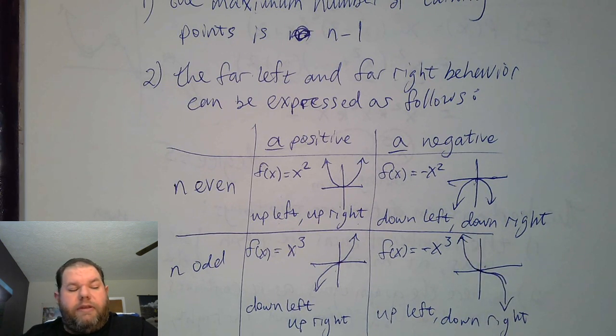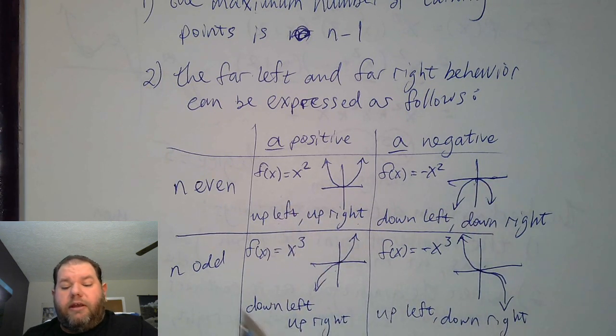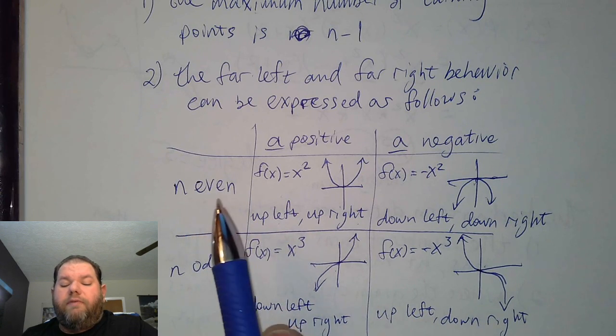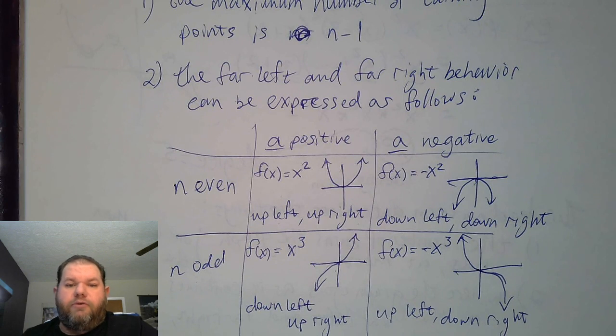And so that continues not just for these four graphs that we looked at, but any graph where we have an even or an odd exponent and a positive or a negative coefficient.